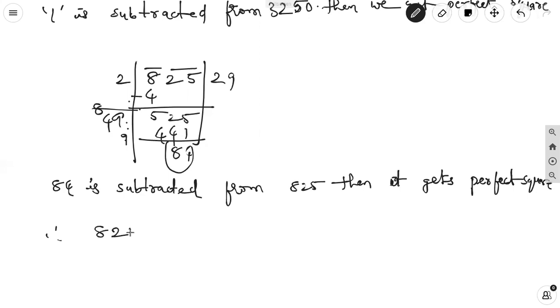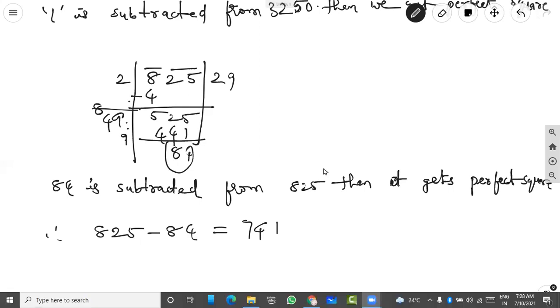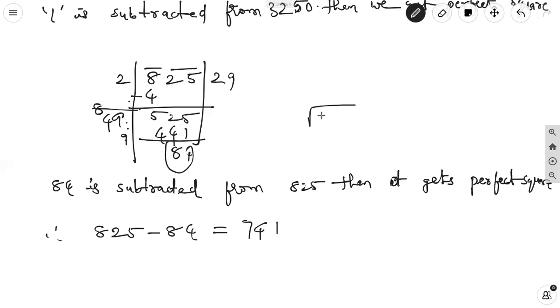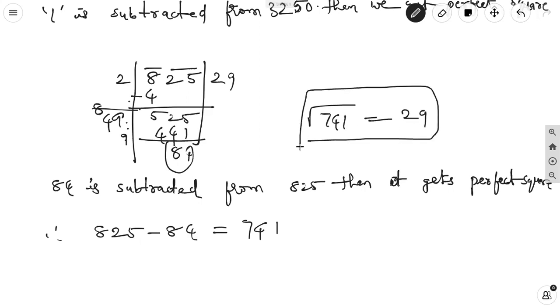Therefore, 825 minus 84 is equal to 741. So the square root of 741 is equal to 29. Therefore, the square root of 741 is 29.